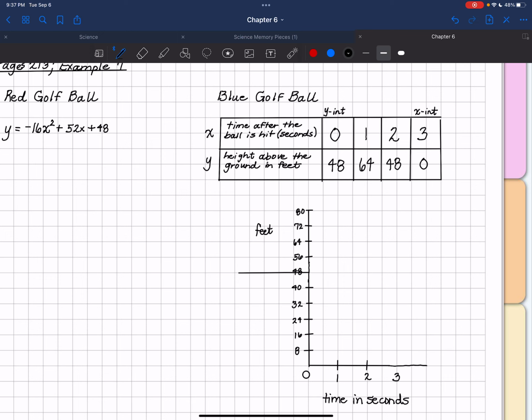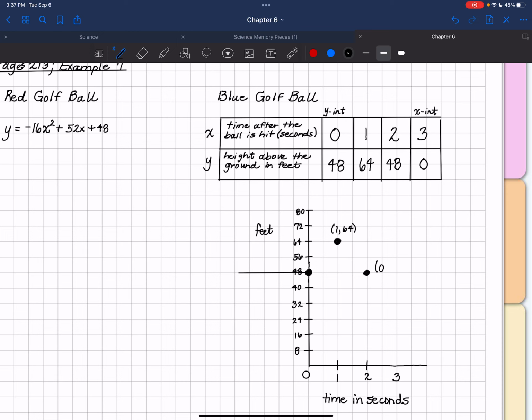That when x is 0, y is 48. So that's the starting point of this process. When time is 1 second, y is 64. So here is the maximum, the highest that ball will be. And then at 2 seconds, the ball has fallen back to its original starting point.